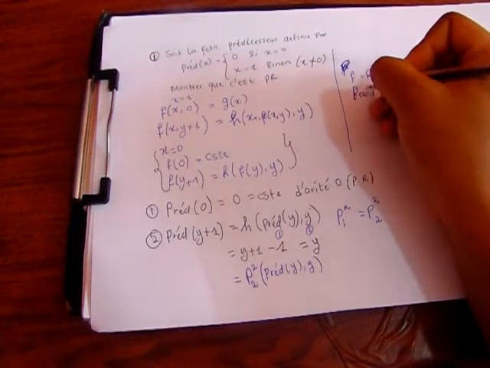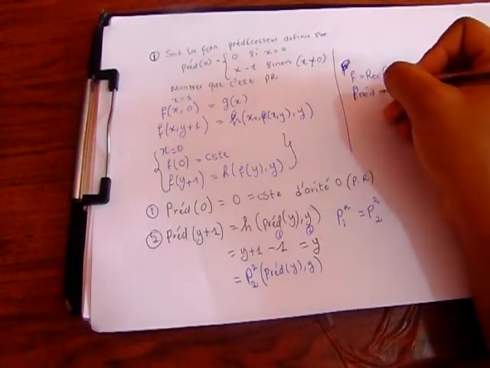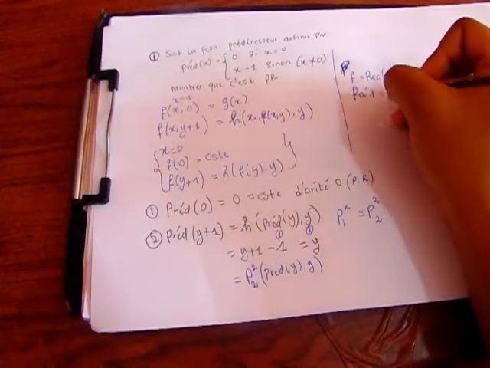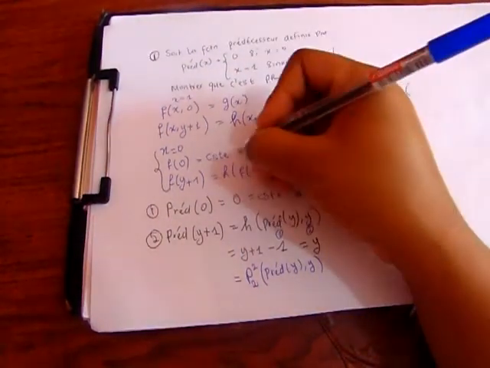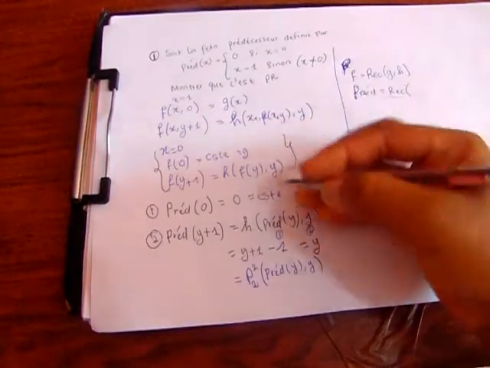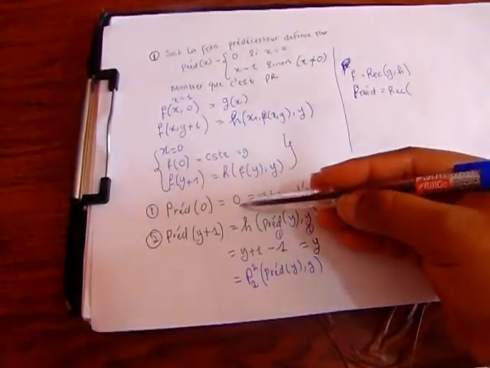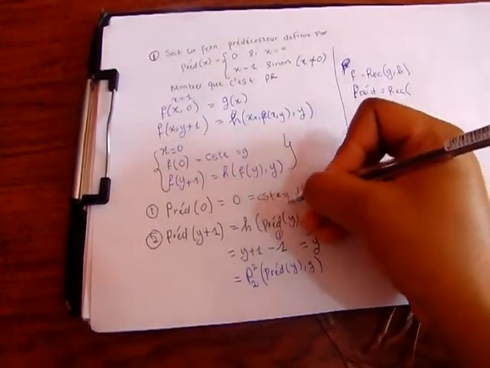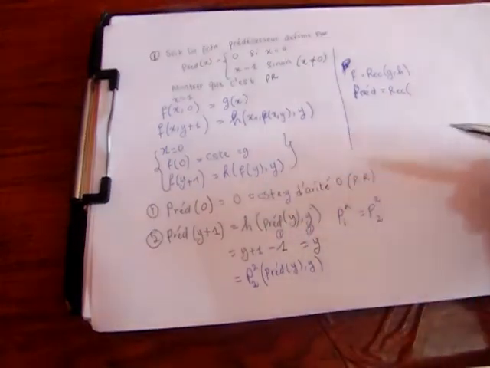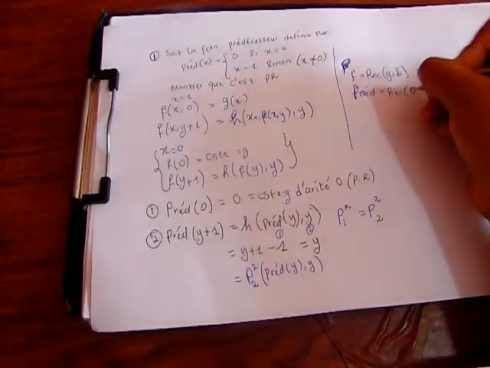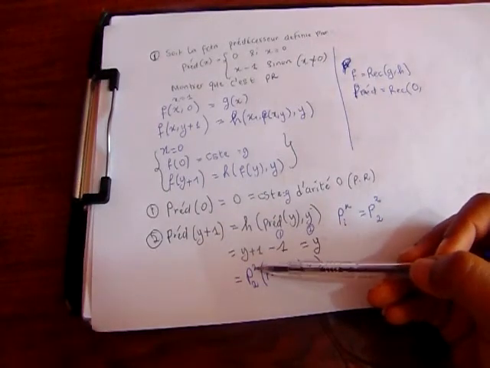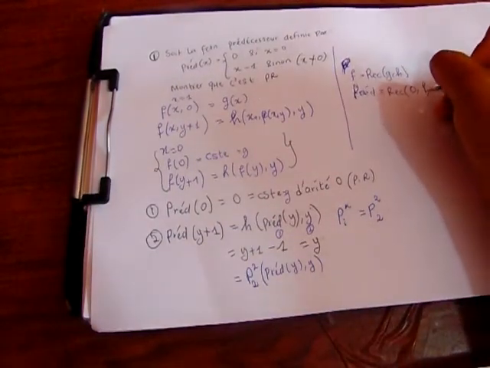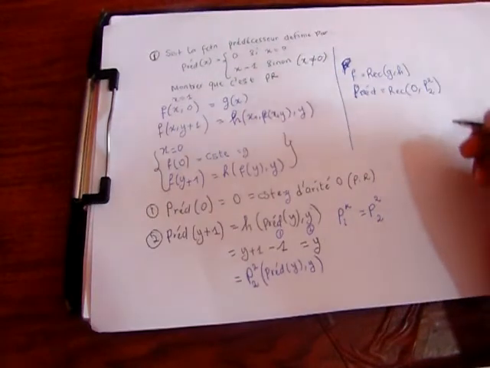So pred will be equal to the recursivity of g and h. What is our g? The constant here is g, so our constant is 0. So our g is 0, so we have 0, and then our h is what? P, 2, 2, and that's your final answer.